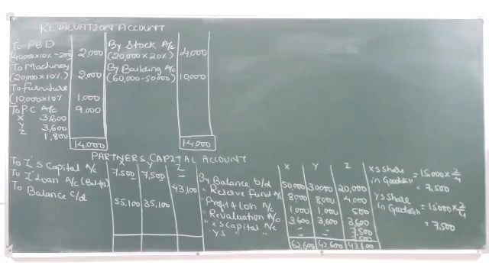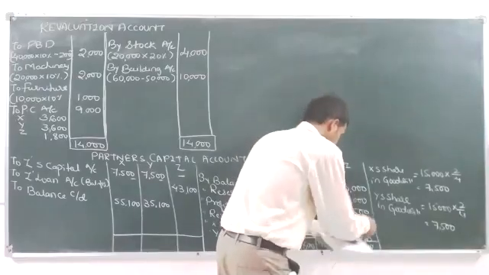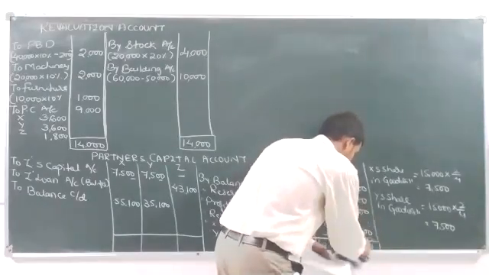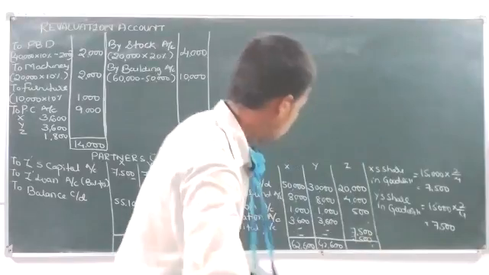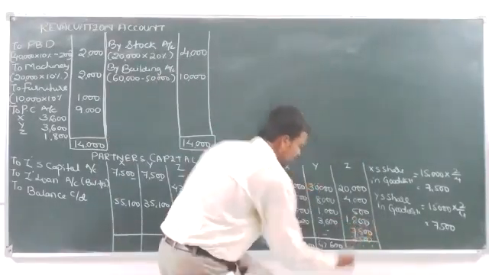First, we note down this. Oh yes, yes. There is a mistake. Yes. Thanks for telling me the same. Okay. The revaluation account credit side is 1,800.